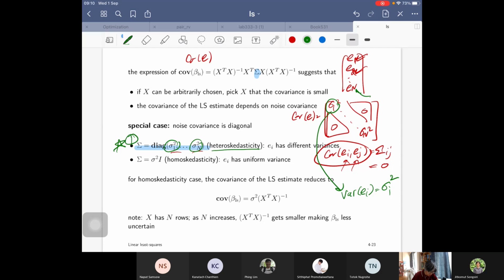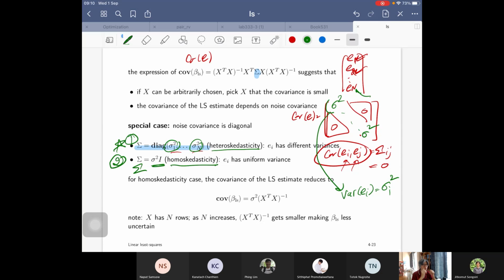In statistics we use the term heteroscedastic assumption on the noise. Hetero means different. In the second case, which is much simpler, you assume that all the variances are constant, sigma square. So you can represent sigma as sigma square I, a multiple of the identity matrix. In that case, we say the noise has the homoscedastic property.